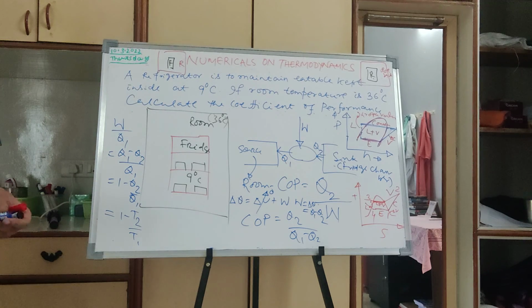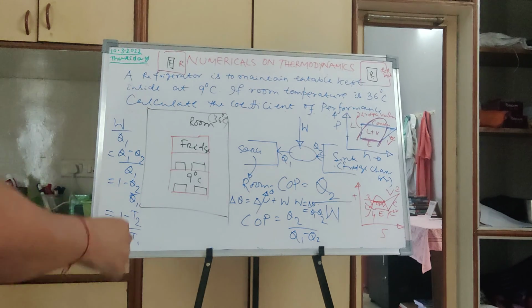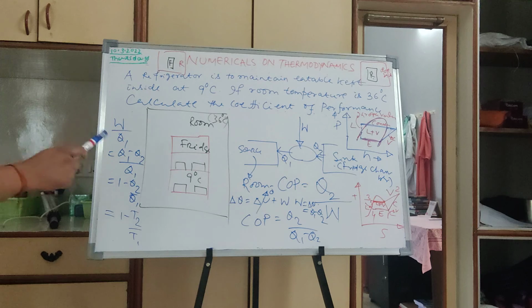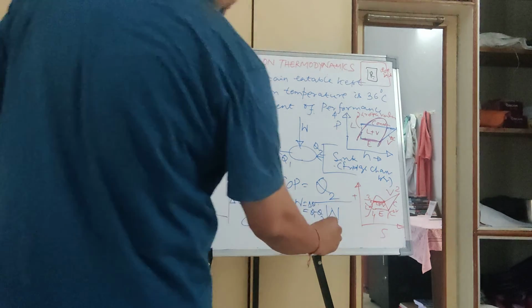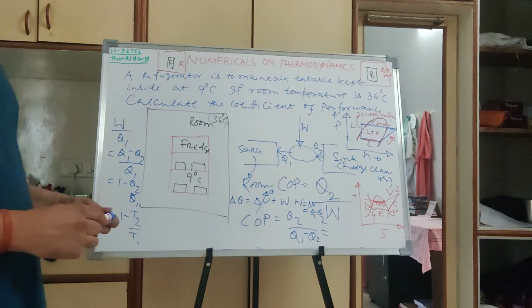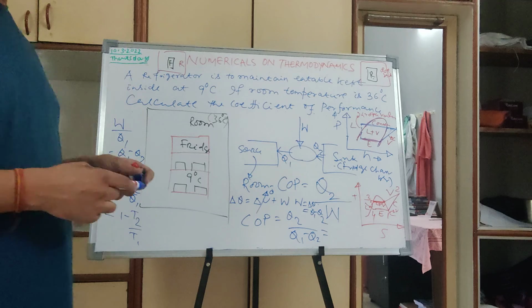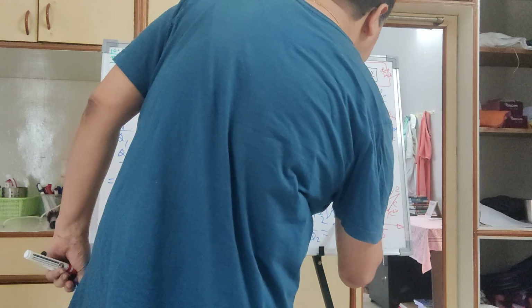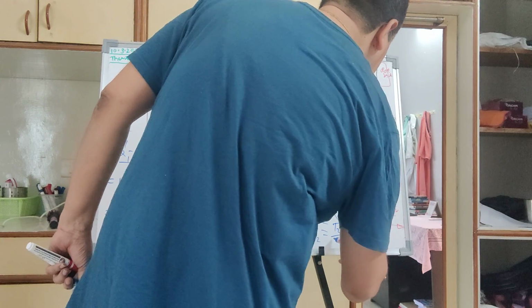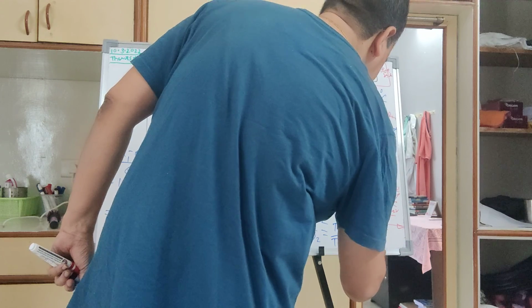That is the efficiency of a Carnot engine. Similarly, if this refrigerator is going through an ideal and reversible process, the ideal COP is obtained by replacing Q1 by T1 and Q2 by T2.